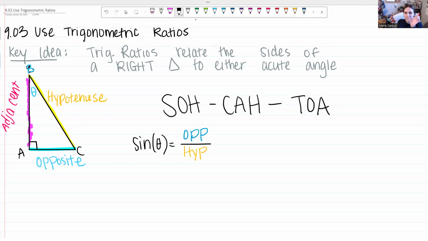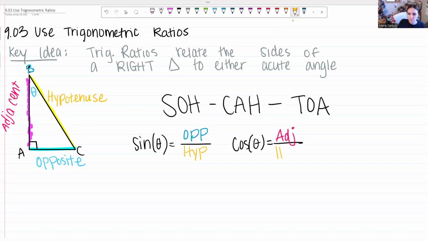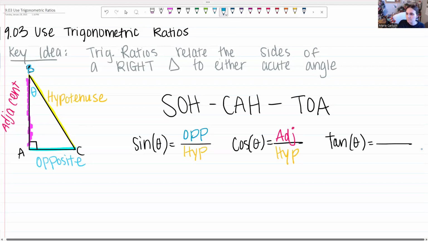Now, the middle part, CAH, or cosine of theta, is equal to the adjacent, A stands for adjacent, over the hypotenuse still. And lastly, TOA tells us that the tangent of that angle theta is equal to the opposite over the adjacent.